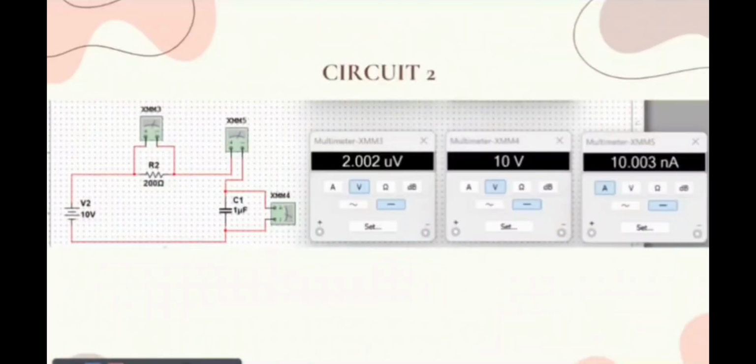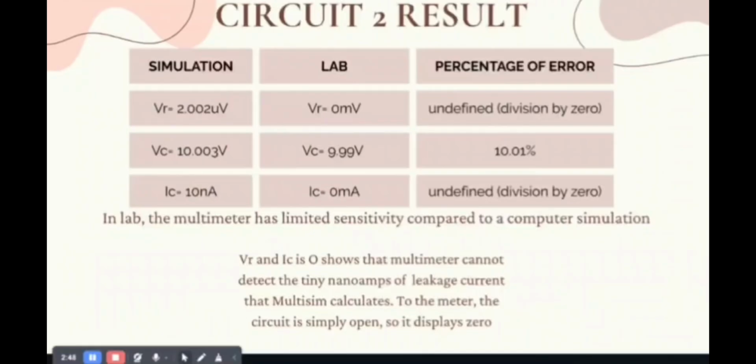This is circuit number 2, which is the RC circuit. Let's look at the comparison. As you can see in simulation, the voltage of the resistor and the current of the capacitor are very low, essentially considered as 0, because they are microvolts for the voltage and nanoamps for the current.